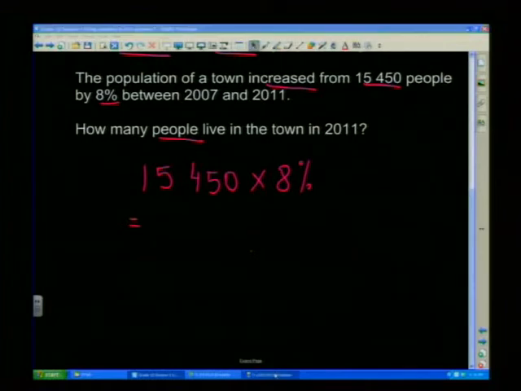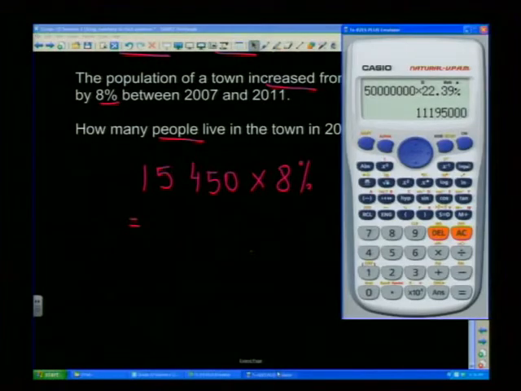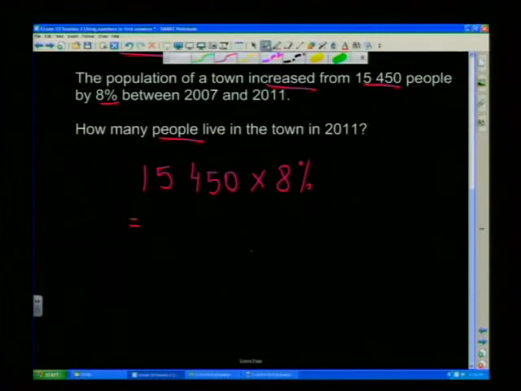Let's get my calculator out and clear that answer. It was 15,450, and I'm going to times that by 8%, and I get an answer of 1,236.